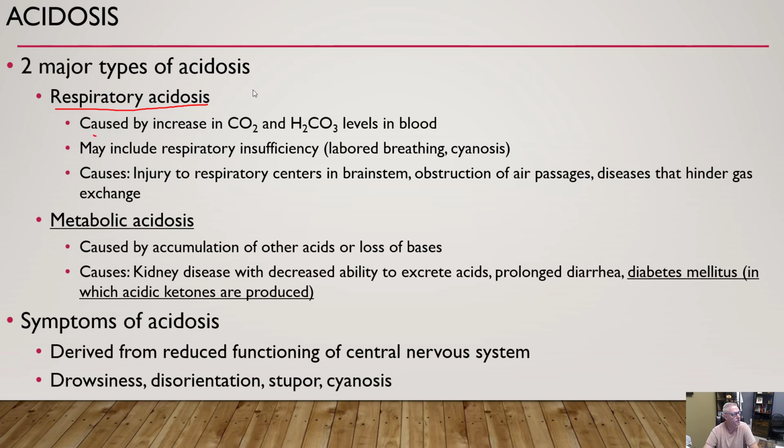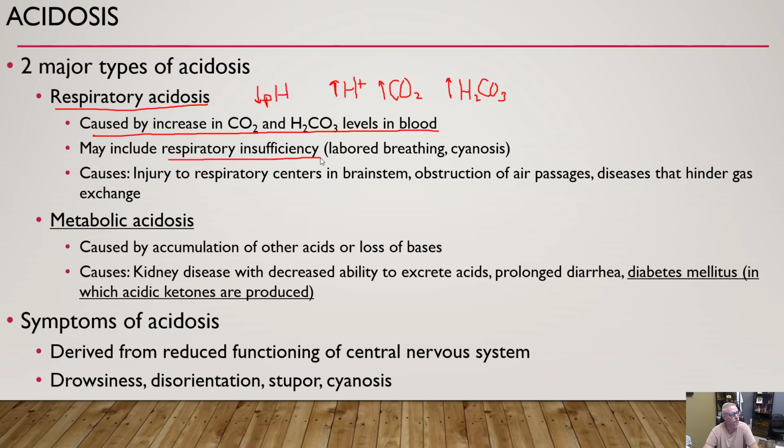Acidosis is a lower pH, so we know we have a higher hydrogen ion concentration, which means we have a high CO2 concentration. And if we go back to our equation, we also have a high carbonic acid concentration. So respiratory acidosis is caused by increased carbon dioxide and carbonic acid levels in our blood.